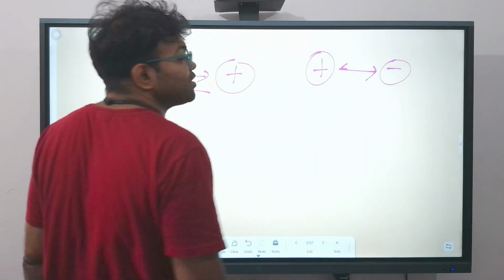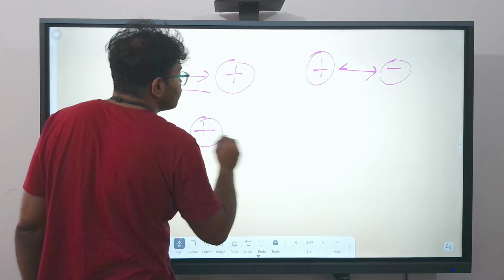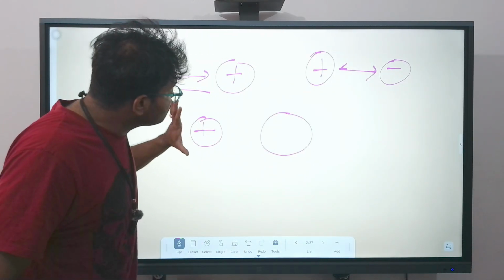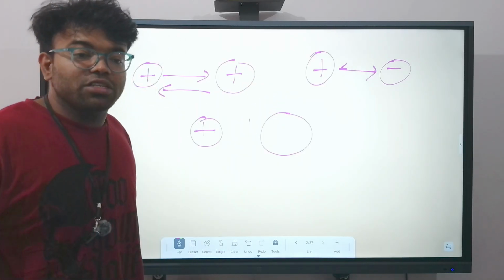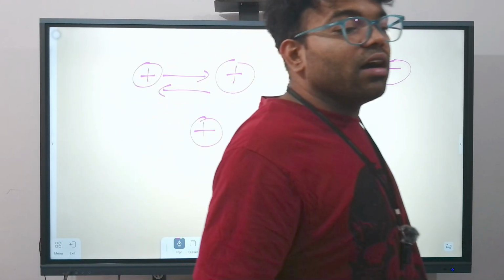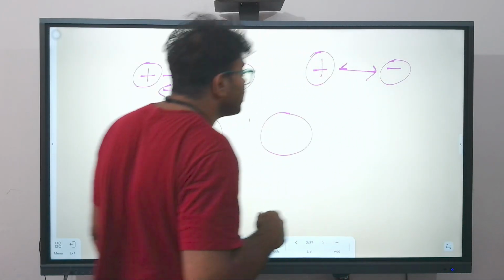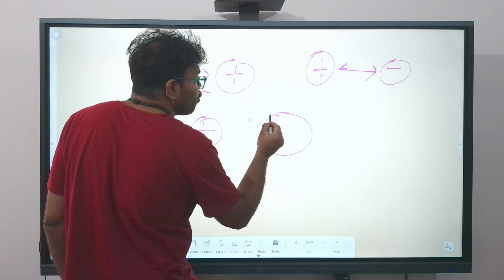Now, in our case, what is going to happen? When we have a positive charge and a neutral object, the positive charge, when brought near the neutral object, causes something known as induction. This object starts to get polarized.